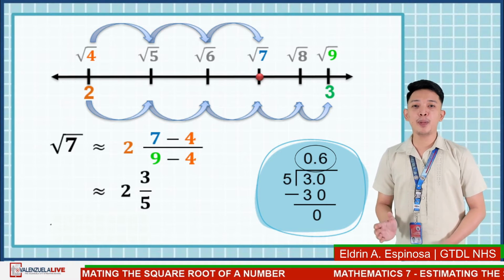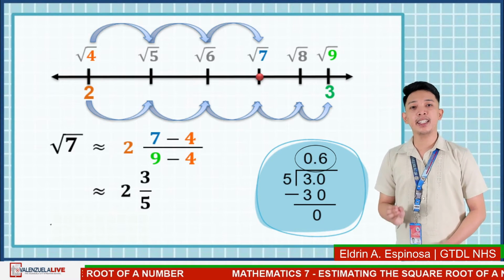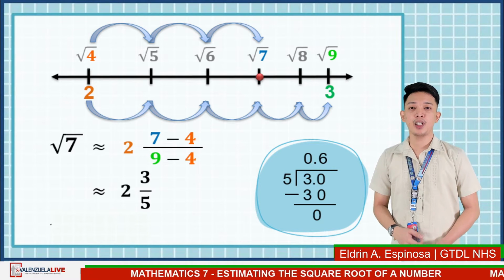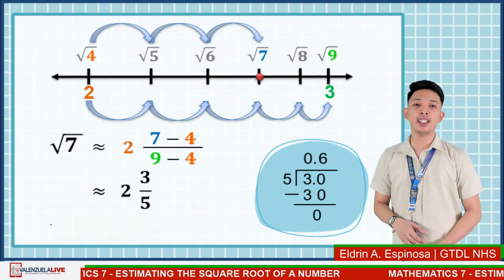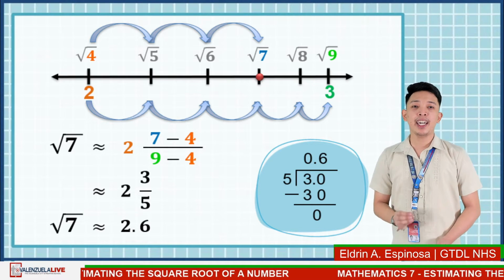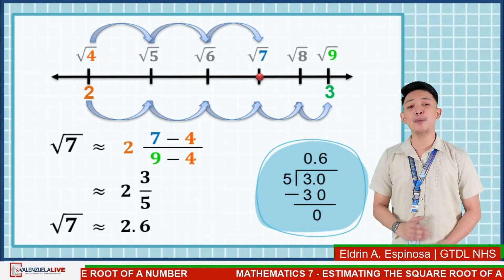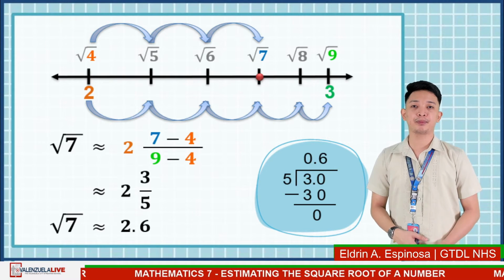Hence, 3 over 5 is equal to 0 and 6/10. So that means the square root of 7 is approximately equal to 2 and 6/10. But since we have to approximate up to the hundredths place, we will proceed to the next step.